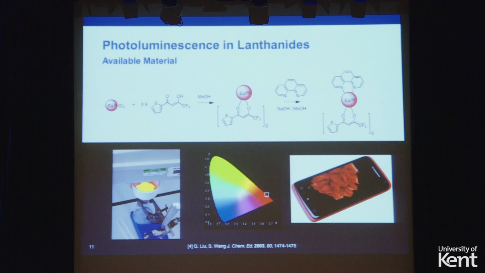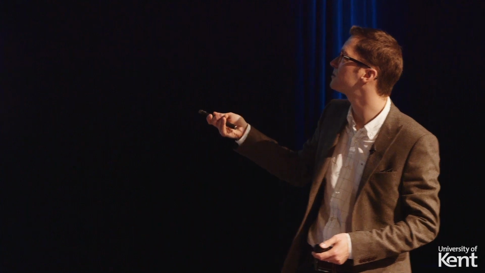As you can see here in this funnel that one of the students has made, a very bright red glowing material. In the spectrum, it emits very deeply into the red, and you can see on your phones what red looks like. This material is no longer being used in the OLED industry, but it's still a very useful material. It's very cheap to make, and it's very easy to make. And so we thought this might actually be a very nice system to develop a sensor with.